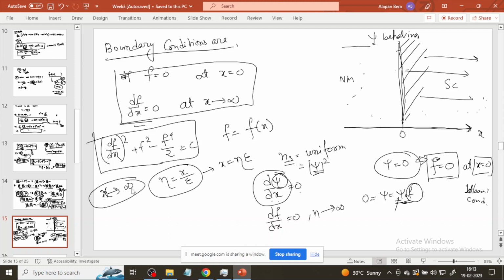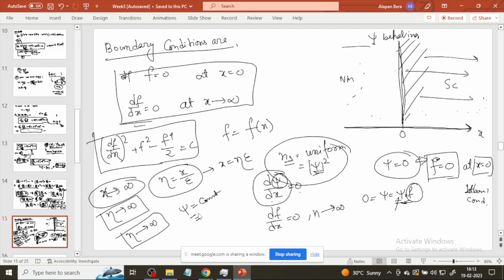So when x tends to infinity, we can alternatively say that η tends to infinity. We know that at x tends to infinity or η tends to infinity, this psi is constant or uniform. So this is this boundary condition.